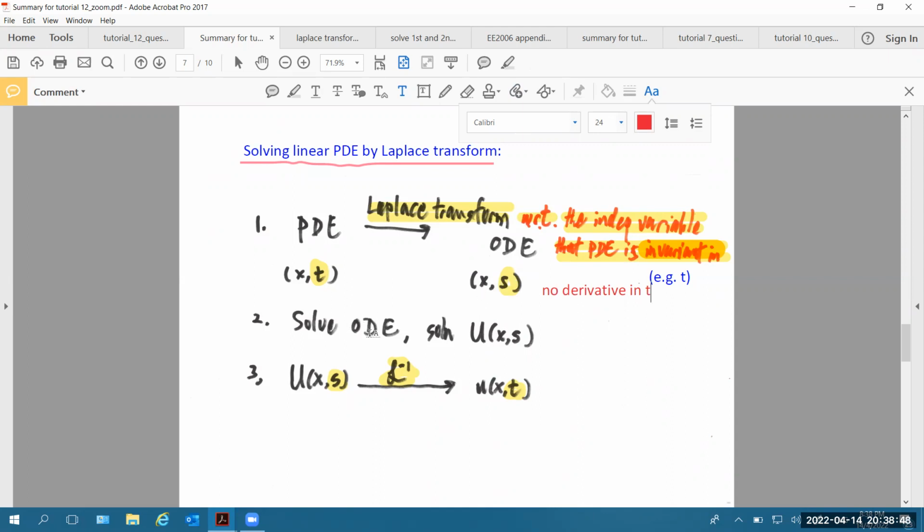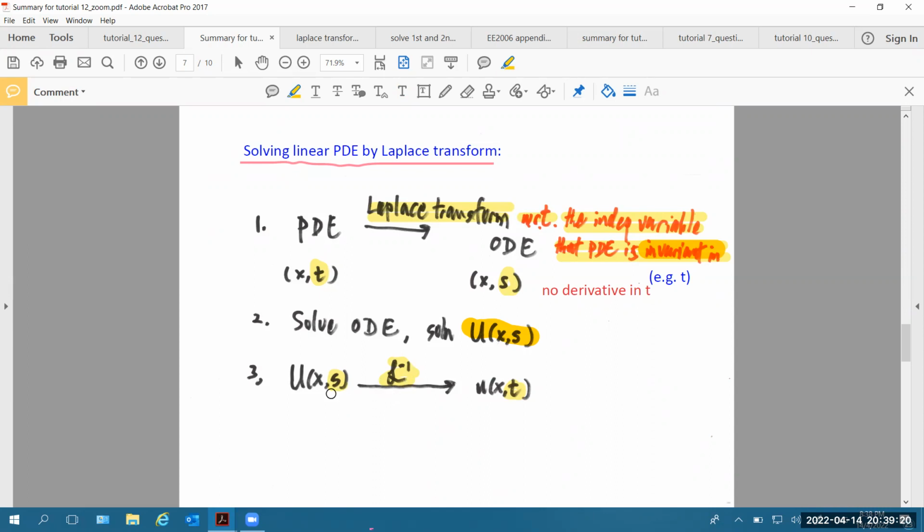Then after that, you solve the ODE. The independent variable there is x. Then you get this solution, which is capital U(x, s). What we do next is that our capital U(x, s), you must change it back to (x, t). So you inverse Laplace transform with respect to this s.